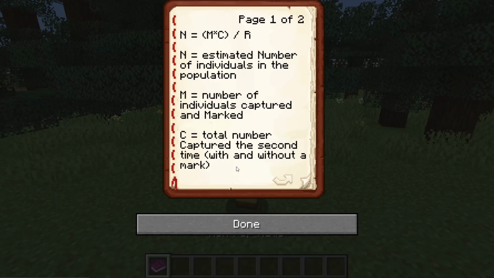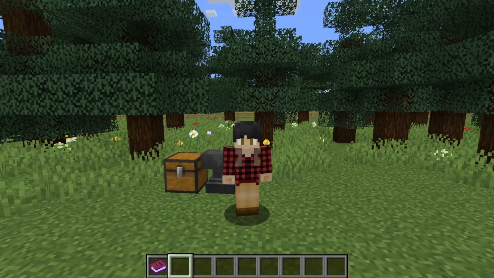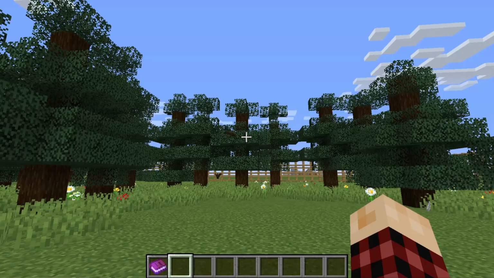That number is going to be R. Once we get M, C, and R, we plug them into the equation and find N, and hopefully it is super close to the original population.